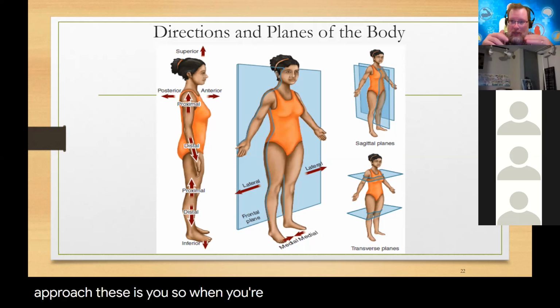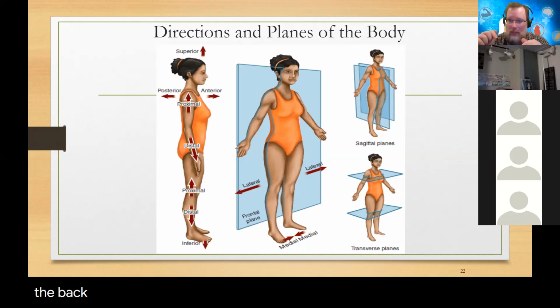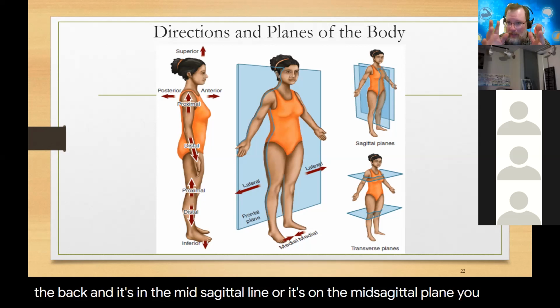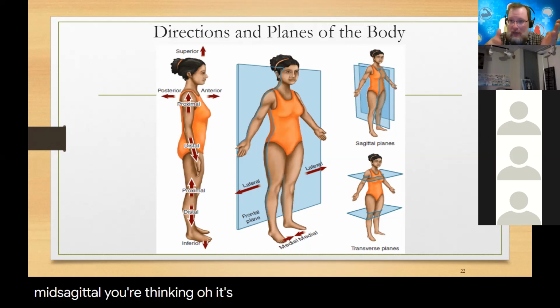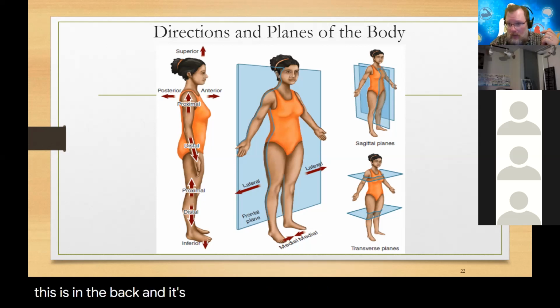So when you're reading these questions, just read them. When it says posterior, just read it as in back of. So it's saying that the wound is in the back, and it's on the mid-sagittal plane. You see mid-sagittal, you're thinking, oh, it's right down the middle. It even has mid in it, just like middle does. So posterior mid-sagittal, you're reading it as, oh, this is in the back, and it's right along the middle.